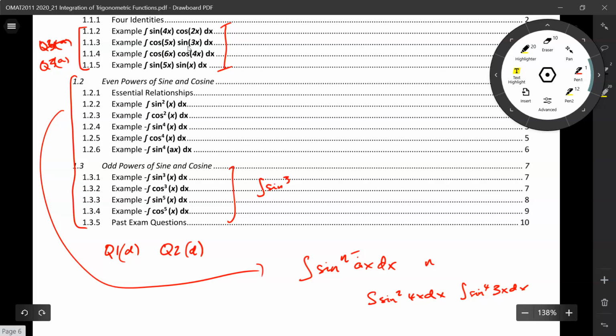So if you have sine cubed 3x or sine to the power of 5 dx, there's a different process for those. But obviously, you're always going to get one of each, because I might ask an even one here, and I might put an odd one here, or the other way around. Everyone okay with that? So basically, let's go through them.